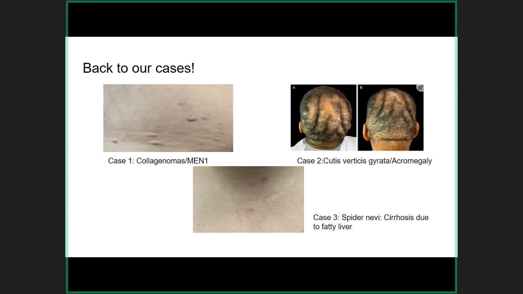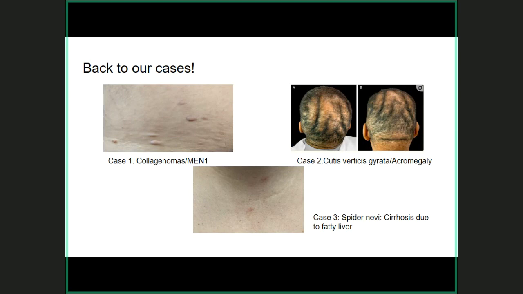Cutis verticis gyrata has sometimes been the presenting symptom, so a high suspicion along with your other clinical findings is essential for further testing. This patient did have acromegaly, which was treated appropriately.